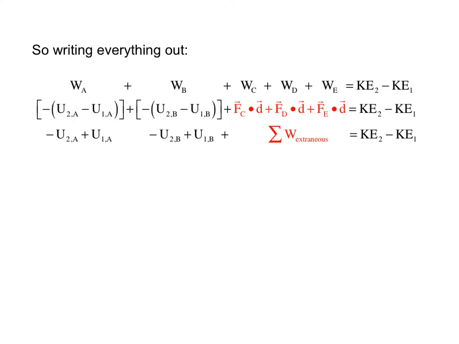And the second thing we're going to do is take the individual work quantities with the forces that don't have potential energy functions, and lump them all into one little bailiwick here, and call them the sum of the extraneous work that's done in the system over the interval. It's important to understand what the extraneous work is. It's effectively all of the work that's done on the system through the interval that hasn't been taken into consideration using potential energy functions.